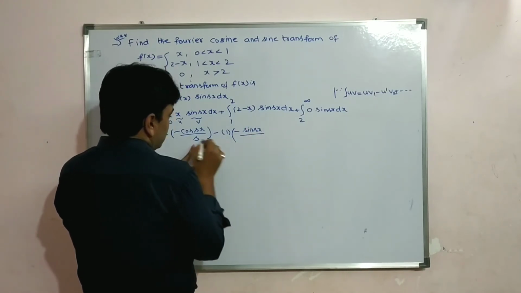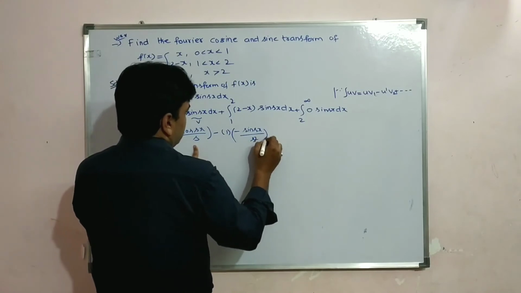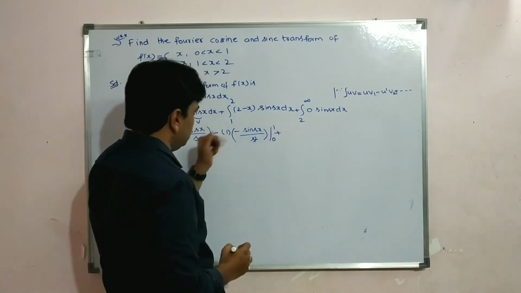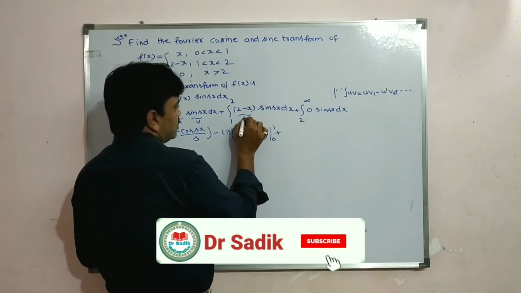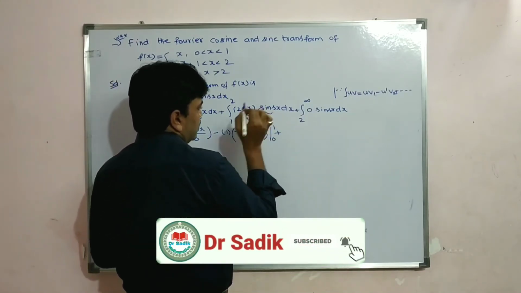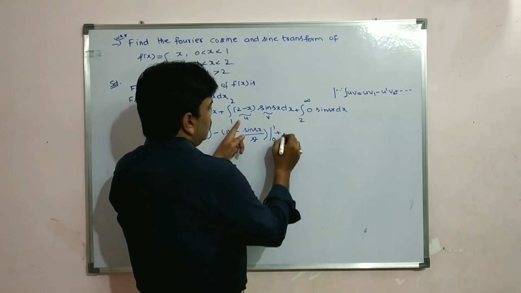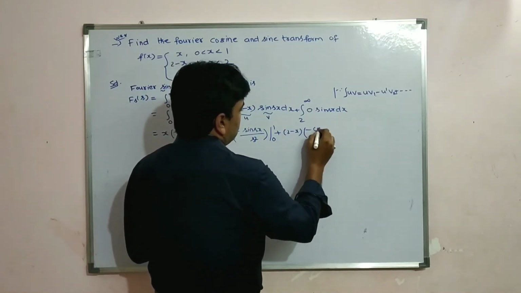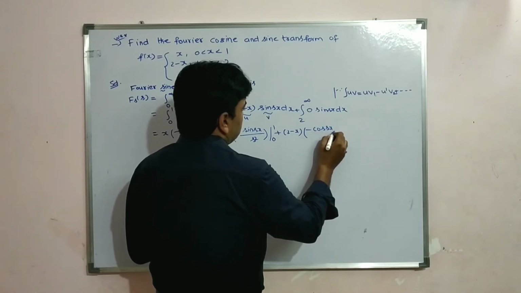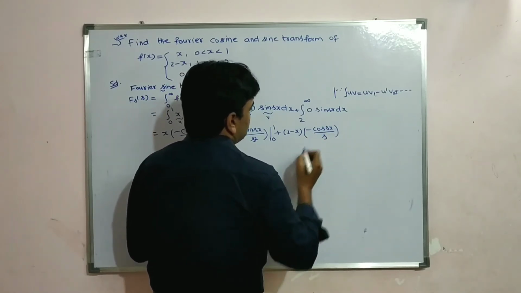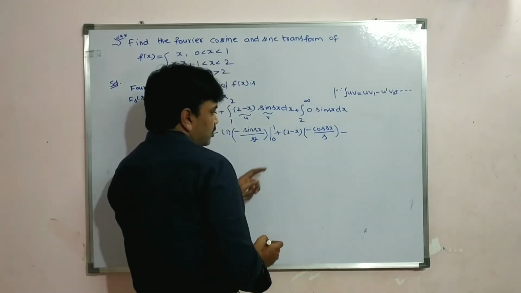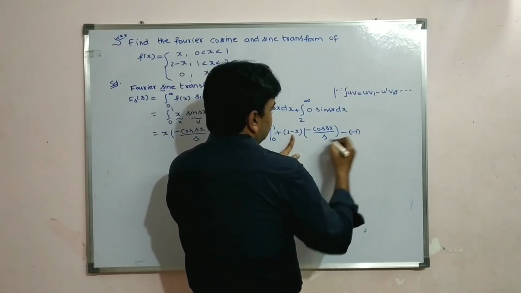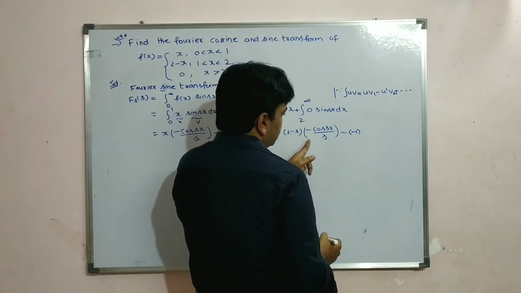sx by s, already we have s, students, so s square between limits 0 to 1, plus here u is 2 minus x and v is sin sx. So 2 minus x times the integral of sin sx, students, minus cos sx by s, minus the derivative of 2 minus x, students, 2 is 0, minus x derivative is minus 1, again integration of minus cos sx by s, students.